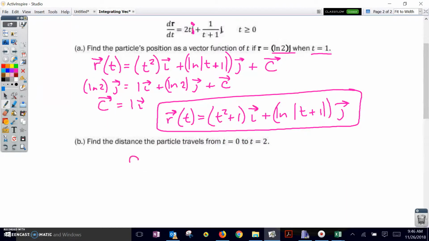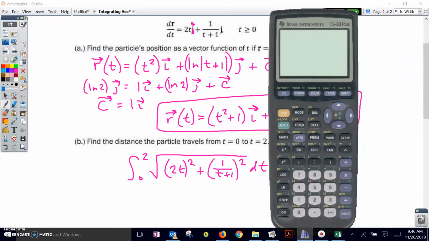So this is going to be the integral from 0 to 2 of the square root of dx dt squared plus dy dt squared with respect to t, and that's going to tell us the arc length of the position vector function, which is going to be the total distance that's traveled.